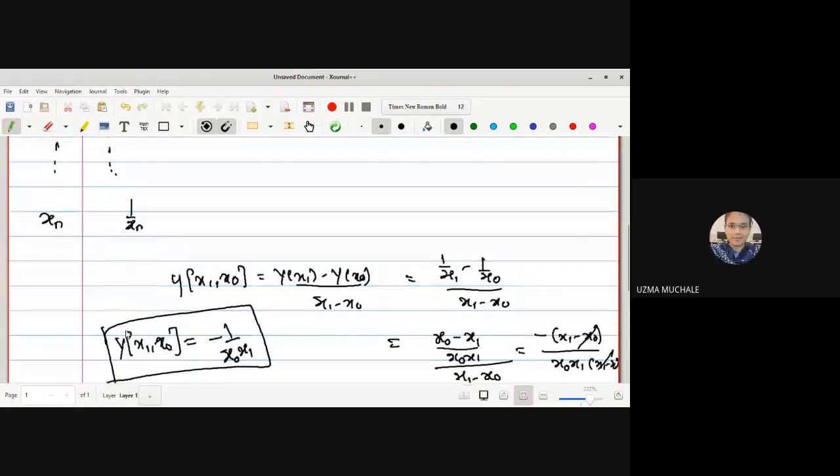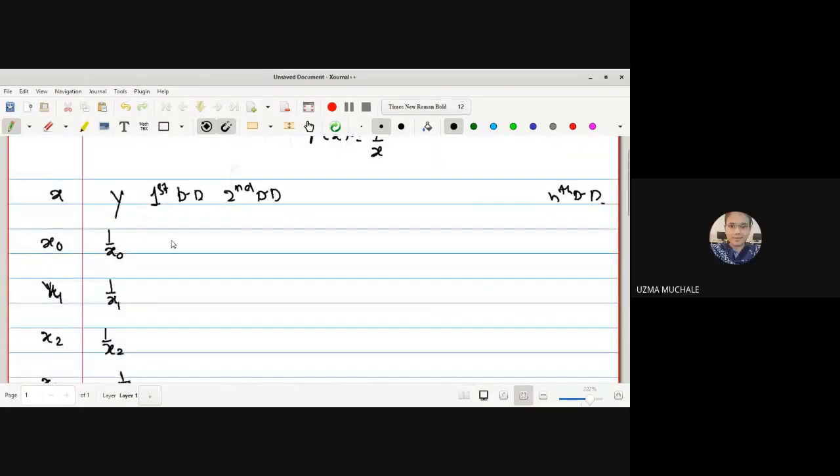Yes, ma'am. Okay, so in the first divided difference, between these two we have the value minus of 1 upon x0 x1. Similarly, can you tell me the next values? What will be the first divided difference between x1 and x2? It will be minus of 1 upon x1 x2. Similarly, between x2 and x3, the first divided difference is minus of 1 by x2 x3.